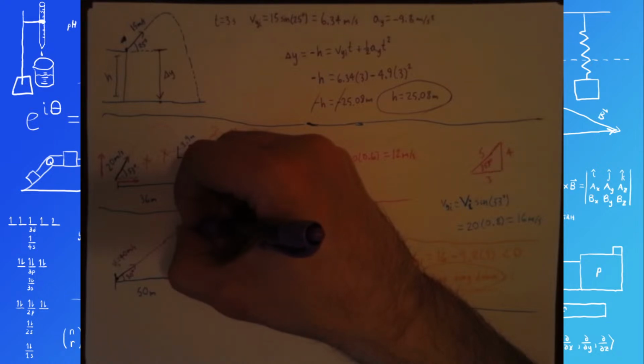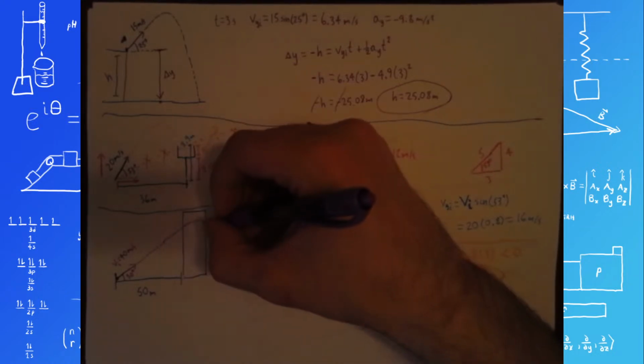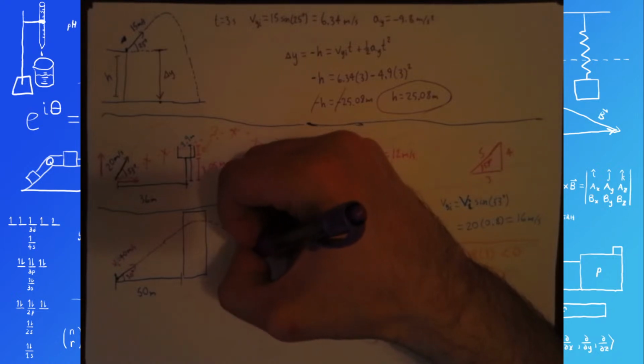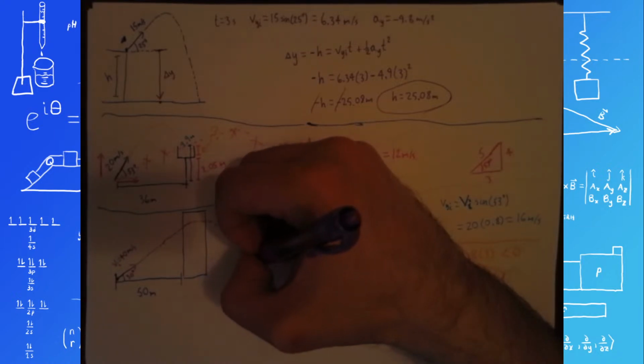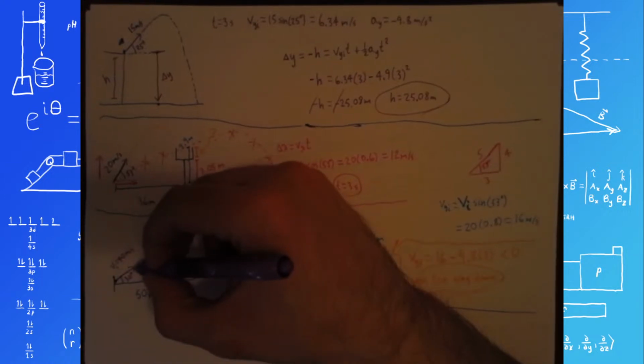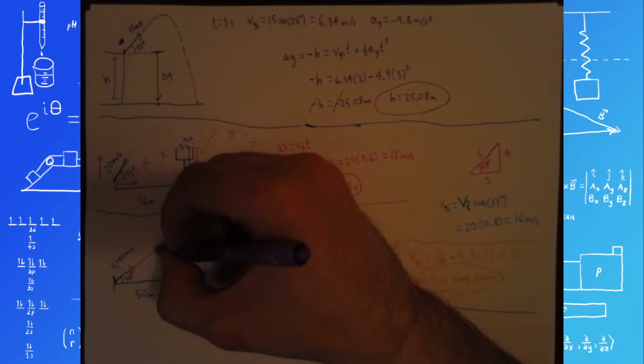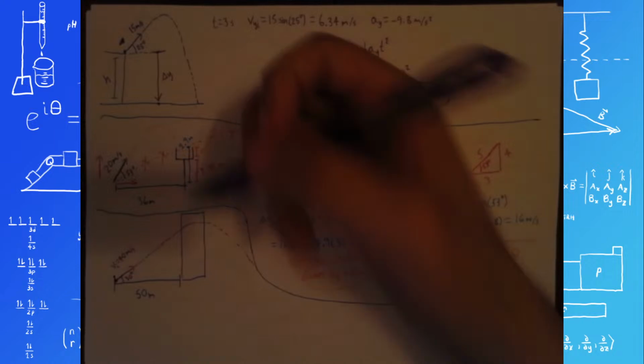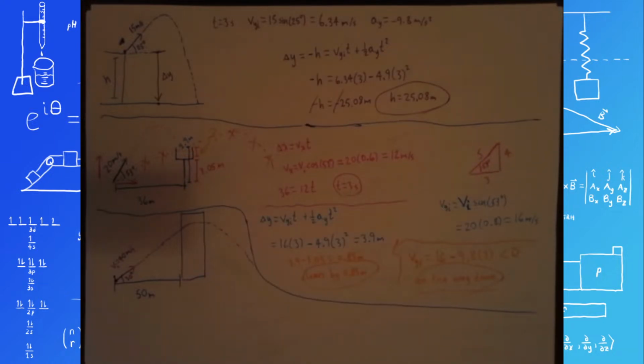And if it were to continue, I guess it would do something like that. I'm guessing here that it's on the way up. It could very well be that it goes up and then comes back down on the building. So we will find out after we do the math whether it'll be rising or falling when it hits the building.